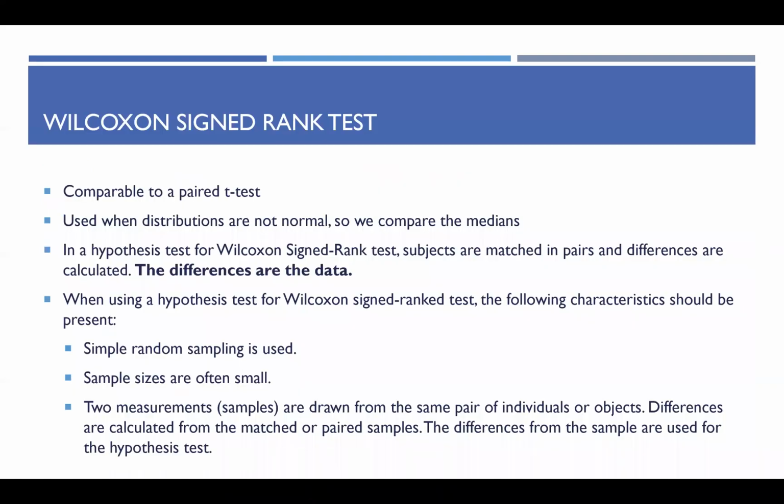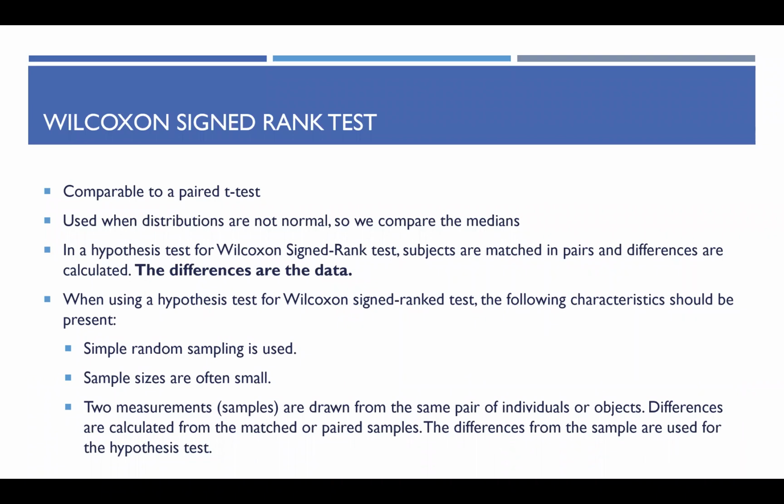But the Wilcoxon signed rank test is comparable to the paired t-test. And again, we use it when our distributions are not normal, and instead of comparing the means, we compare the medians, and we look at the difference between the medians.